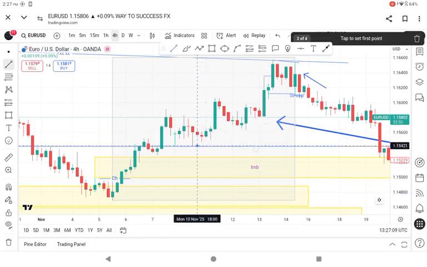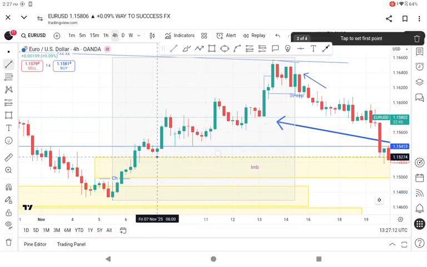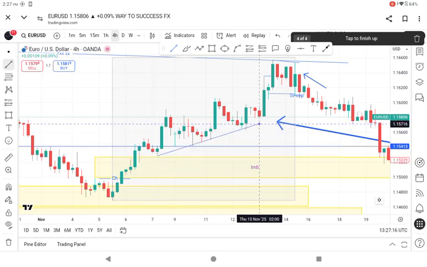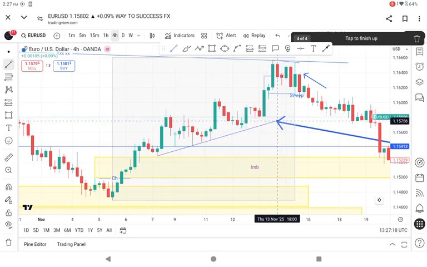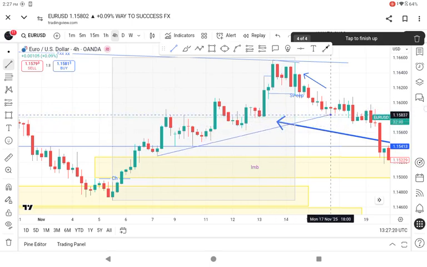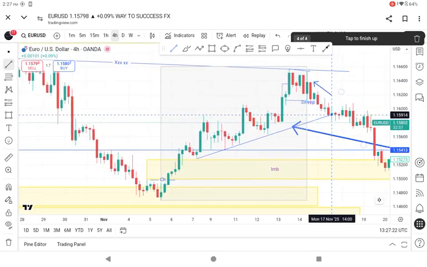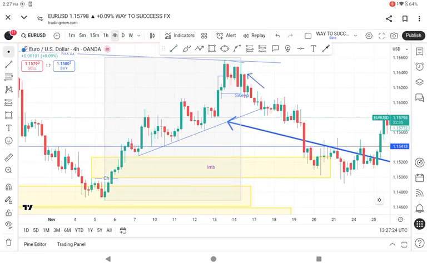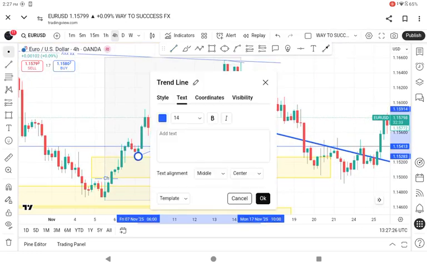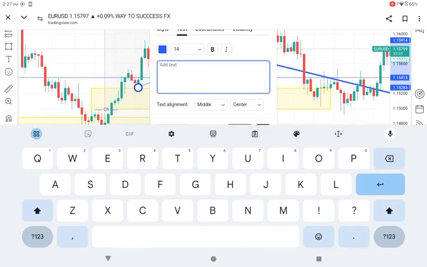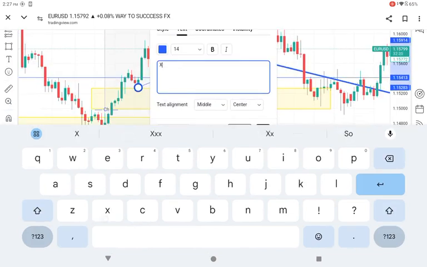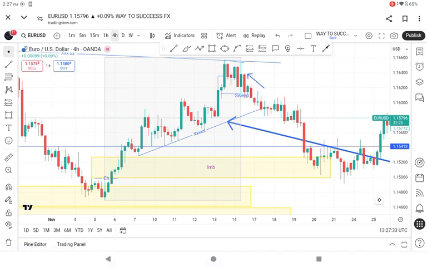So currently, after the CHoCH, we have this level, which is a trend line liquidity.